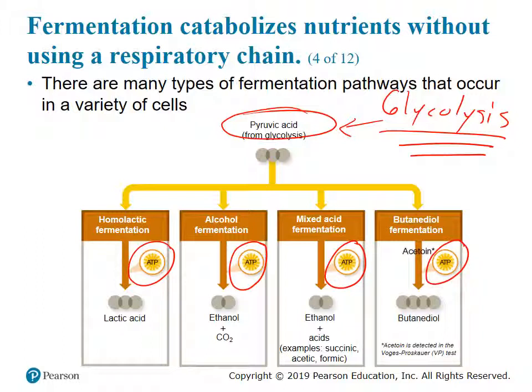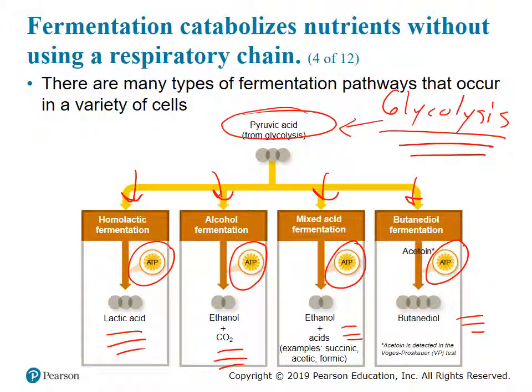Now, when it goes through this process, depending on which fermentation it is, in the process of making ATP, it also makes a side product. And here are some examples of the side products. Okay?